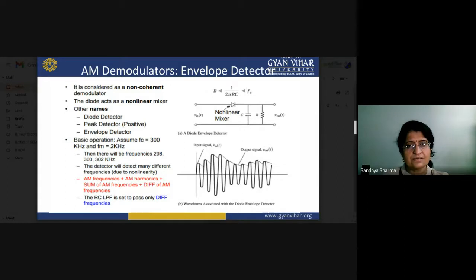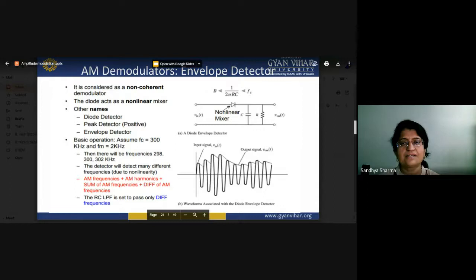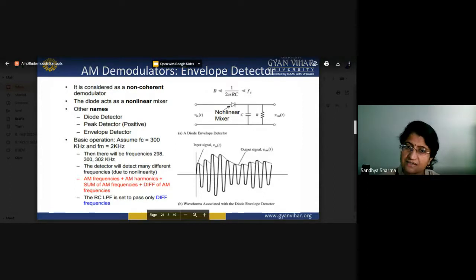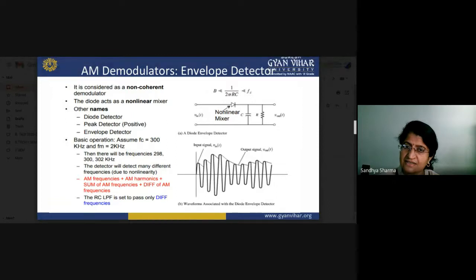Do you know this? The capacitor C will now discharge through the resistance R, and we will get the modulating signal across the resistance R. After charging, it will discharge, and we will receive this slope. When the input voltage is again higher than the instantaneous value of the capacitor voltage, it will again charge to the peak value.